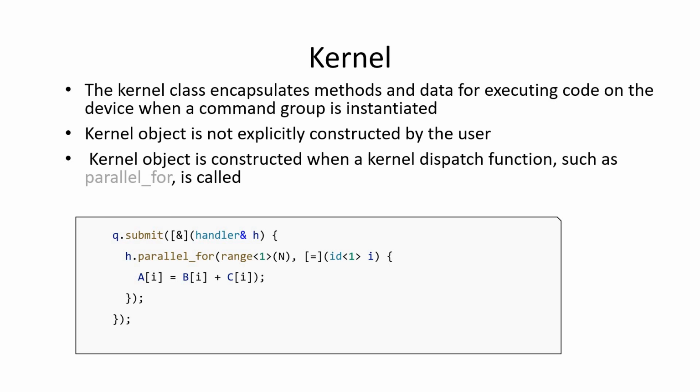Well, the next one is the kernel class. What is it? The kernel class eventually dispatches methods and data for executing code on the device. Remember it. The kernel invocations are executed in parallel by calling the parallel function. This is a very important point to understand. I have got parallel_for here.